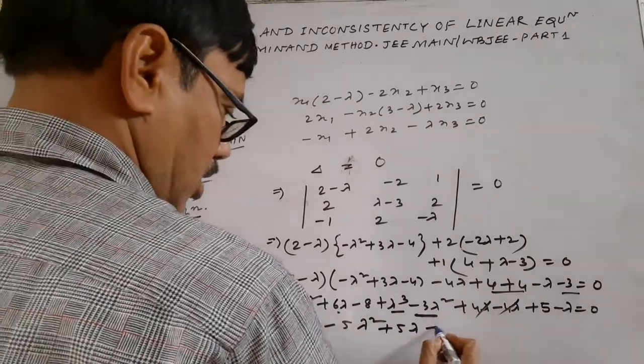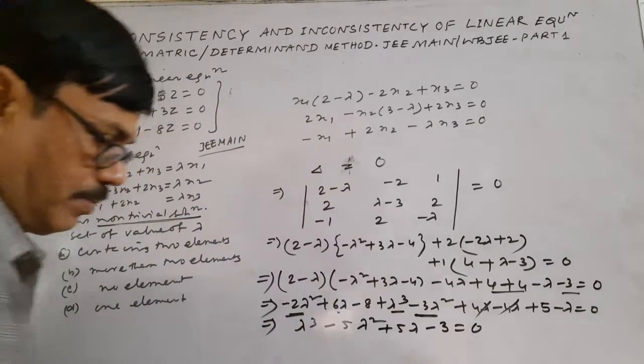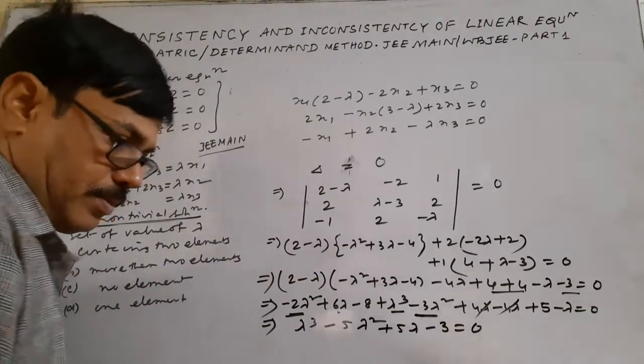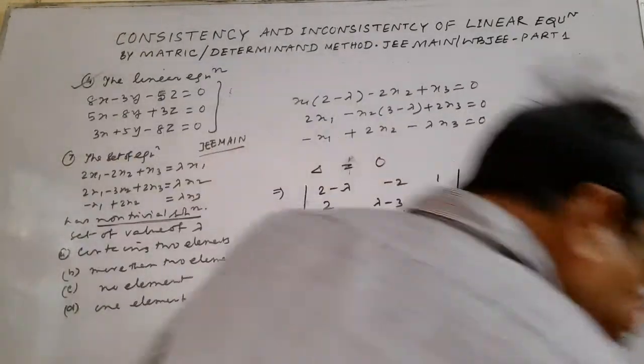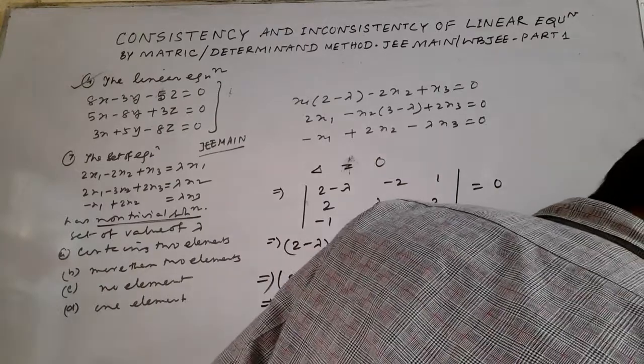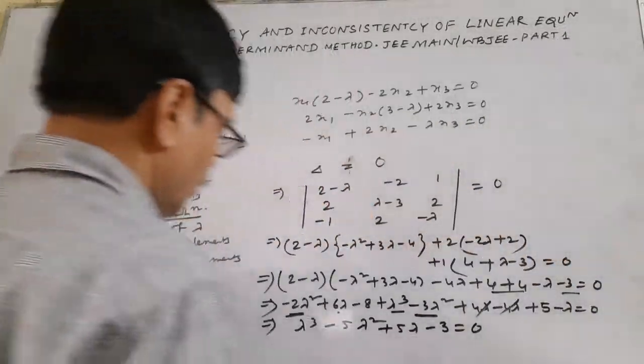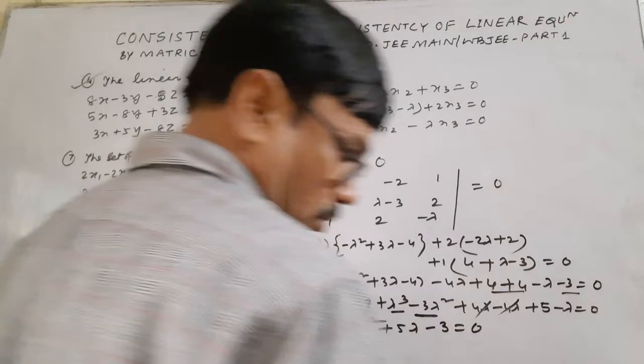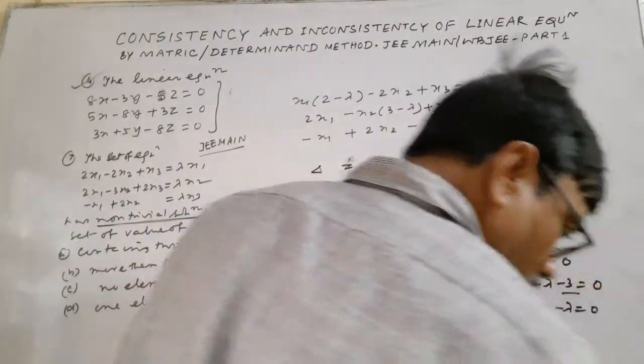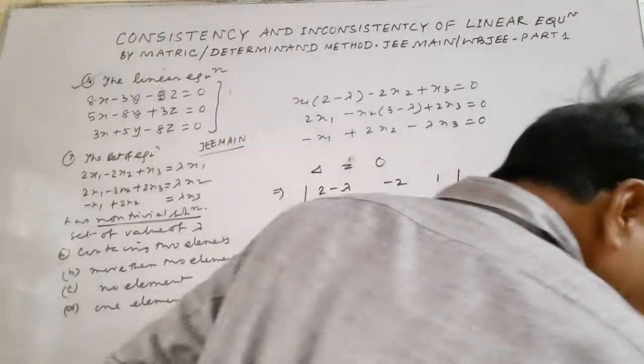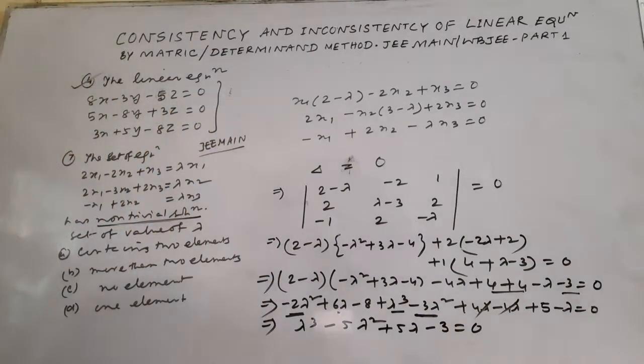So minus 3 equals to 0. So this is a cubic equation.